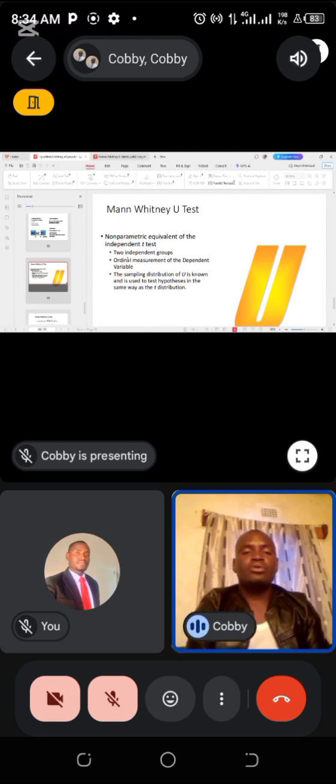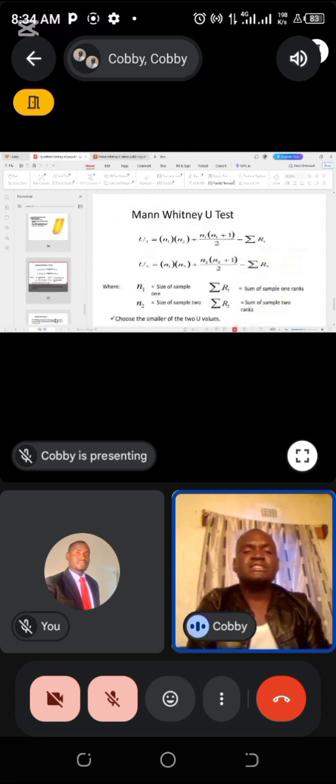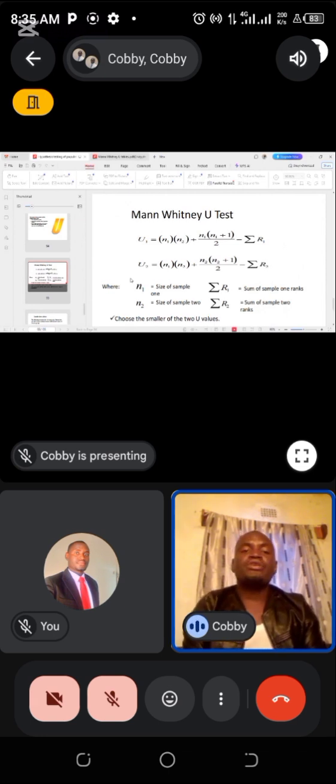So we have these formulas that we use for the Mann-Whitney U-test. We have the U values, U1 and U2. These are the test statistics that we are going to be determining, and we use the smallest U value as the test statistic after you have calculated.